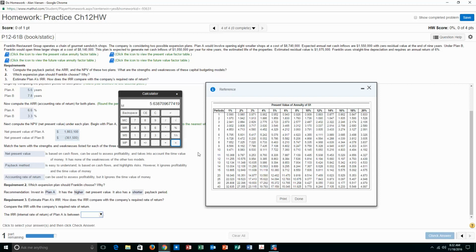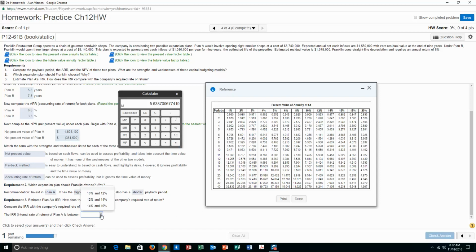So then we look across 9 years is how long this particular Plan A investment's going to last, and we go across and we see that 5.638 is between the 10% and the 12%. So we had to go under 9 years because it's a 9-year investment.